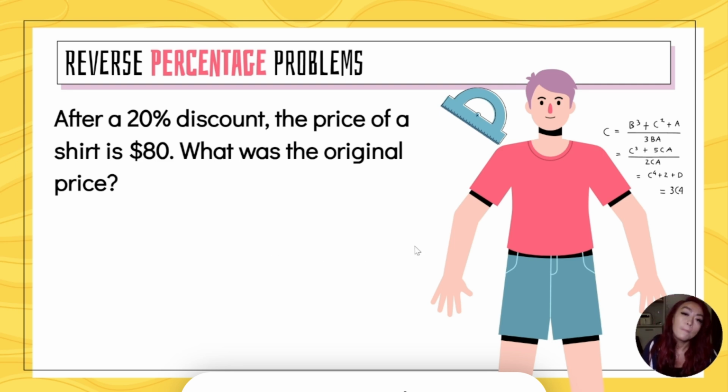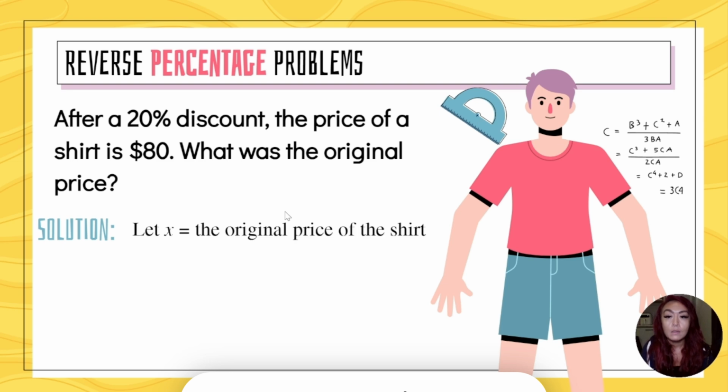Next question. After a 20% discount, the price of a shirt is $80. What was the original price? Let X equal the original price of the shirt, since that's what we're looking for. We'll set up an equation: X times the difference of 1 and 0.2 equals 80.